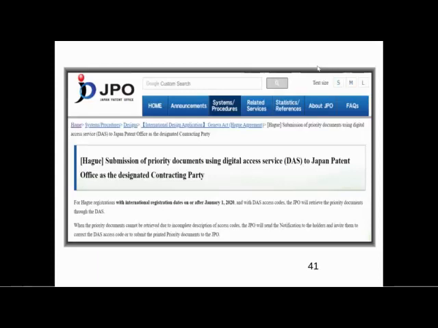That is to say, if the international registration date of the design case is on or after January 1, 2020, the Japanese Patent Office will retrieve the electronic certified copy through the DAS system. But this only works if the DAS access code was in Form DM1, so the filer of the Hague case needs to make sure that they did that in Form DM1.